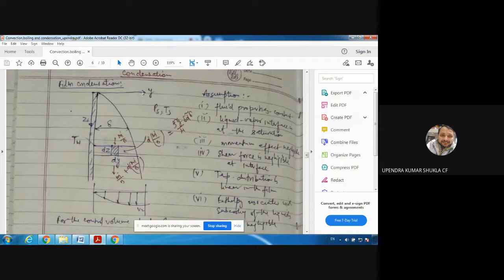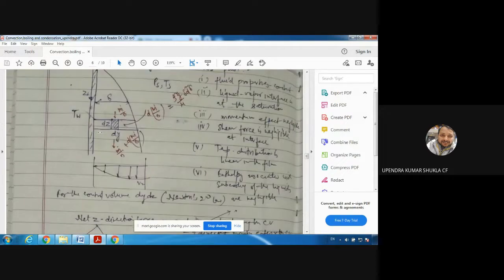So if mass increases, then the gravitational force increases, and then the drop will fall. So this is drop wise condensation. In film wise condensation, the surface will be completely covered just like a film when vapor condenses. So that is film condensation.